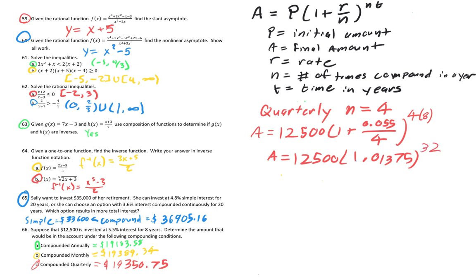And then now just plugging this into our calculator, 12,500 times 1.01375 to the power of 32 is going to leave us with A is equal to 19,350.75.